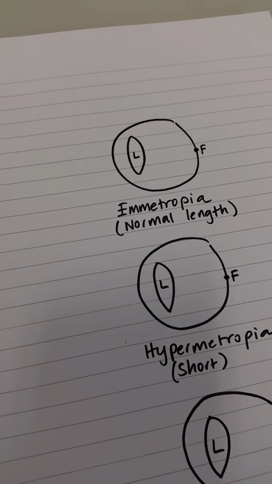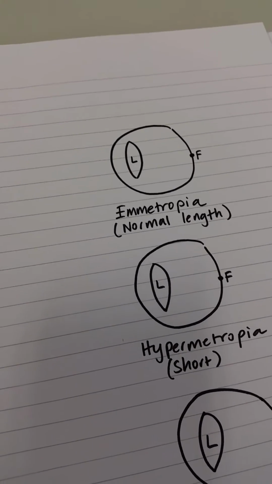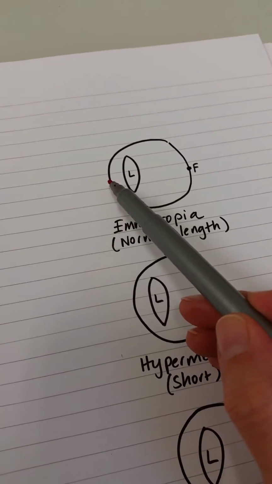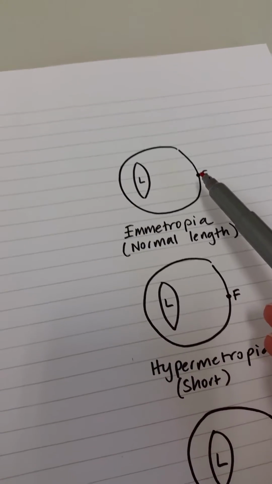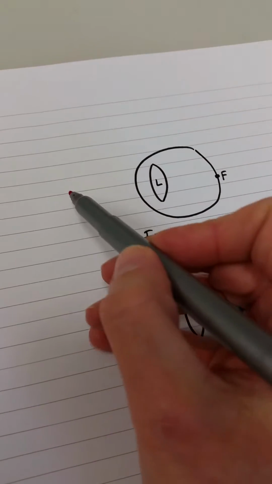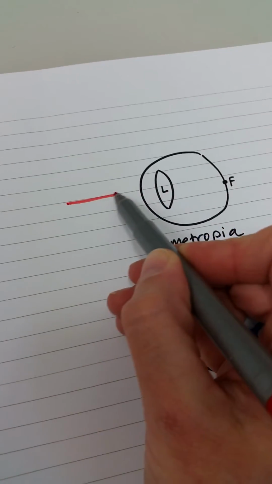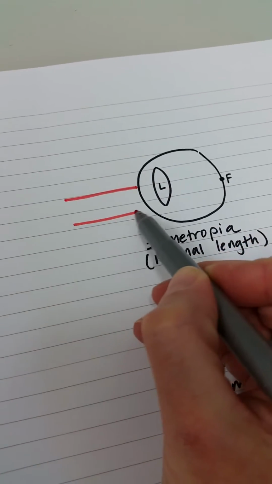This is what we call an emmetropic eye, which means that the length from the front of the eye to the back of the eye is what's considered normal length. And so what happens is that light rays come in to the cornea at the front of the eye.